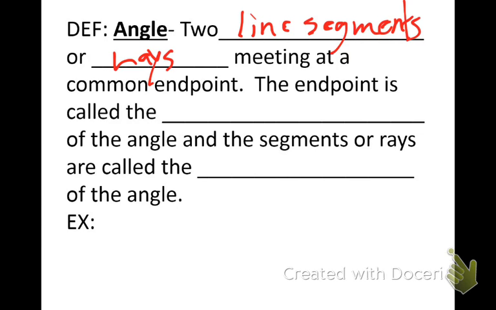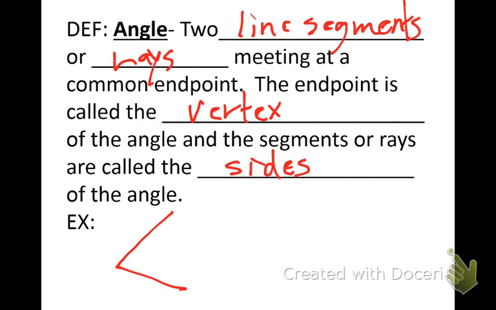The endpoint is called the vertex of the angle, and the segments or rays are called the sides of the angle. Here's an example of what an angle looks like. This one's formed by rays.